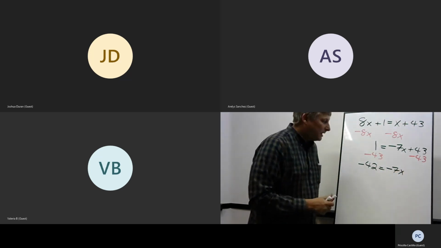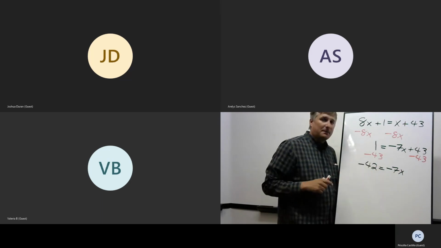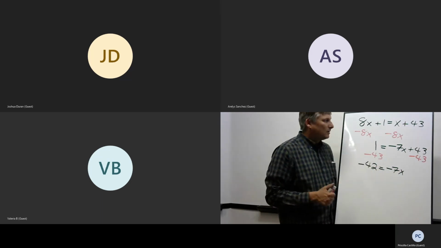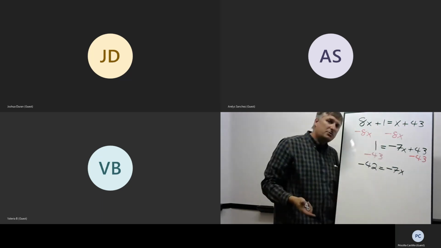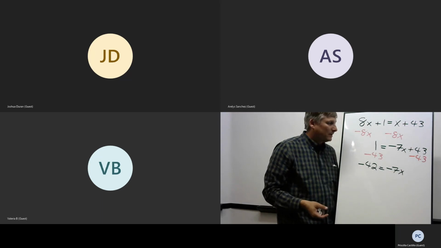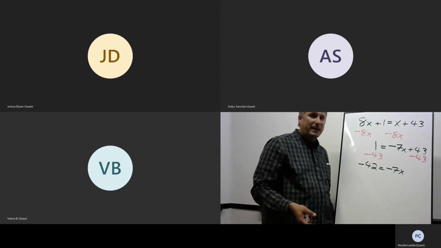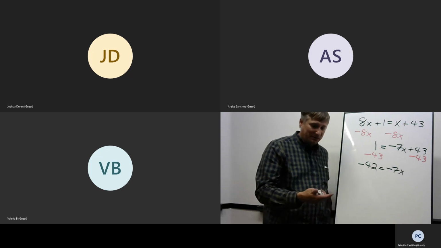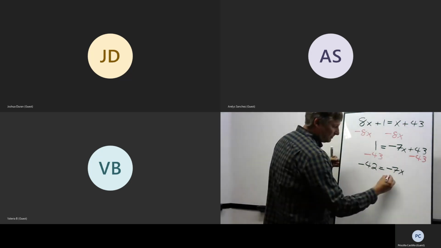Now notice, I'm going to undo the multiplication last. We'll undo addition, or you might undo subtraction, but those you'll undo first, and then you'll do multiplication last. Or if you have a multiplication in there, you'll do it next. Undo that. So we're going to undo the multiplication.